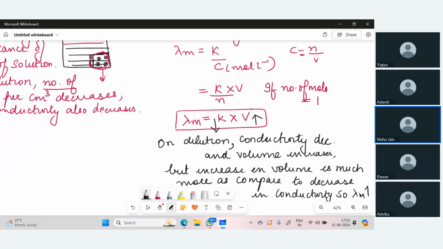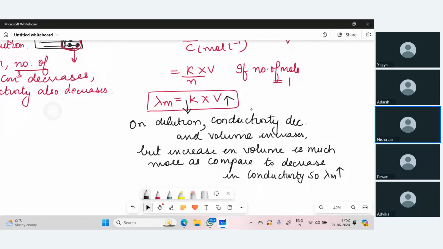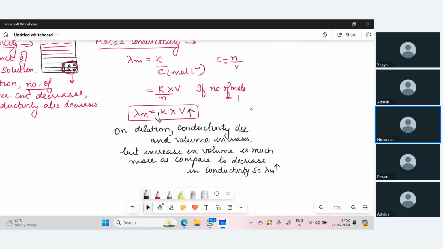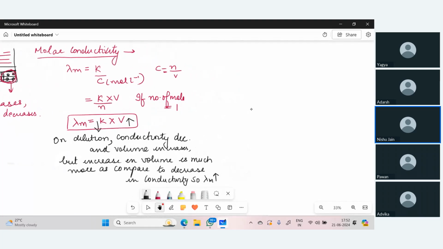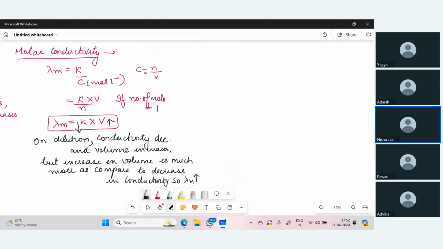So lambda m increases. So conductivity decreases on dilution and molar conductivity increases on dilution. Why is it so? These are the two reasons. Conductivity depends on number of ions, which are decreasing per unit volume. Molar conductivity is the product of kappa and V. So V is increasing many more times as compared to the decrease in conductivity. So lambda m increases. Write down this, then I will explain how it varies for strong and weak electrolytes.